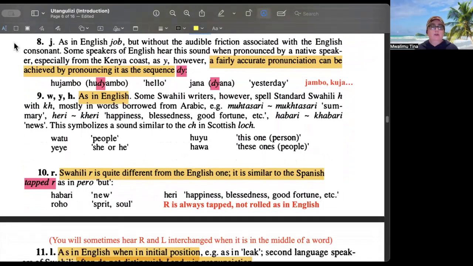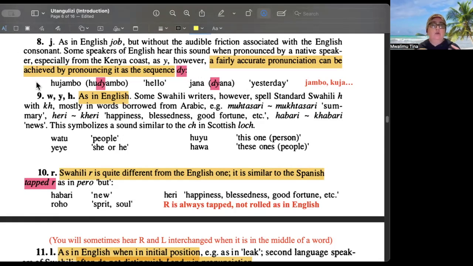Next, we have the consonant J, as in the English job. However, native speakers will often pronounce this as a DY sound. So rather than a harder ja, ja, it is pronounced as dia, dia.